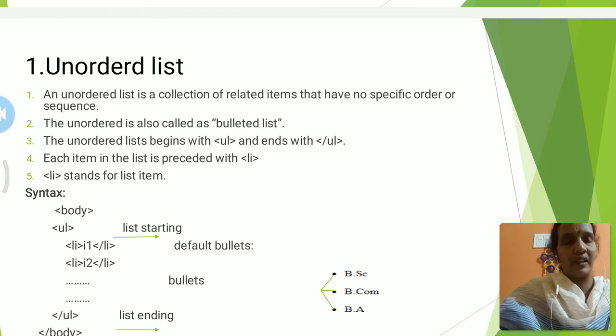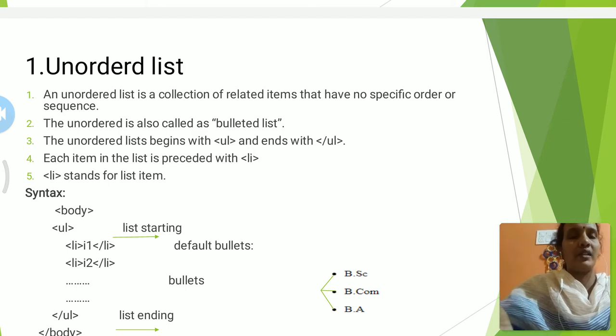Instead, you get bullets like circles, rectangles, or disks before the list items. So where you don't want to follow a sequence, there we use the unordered list.